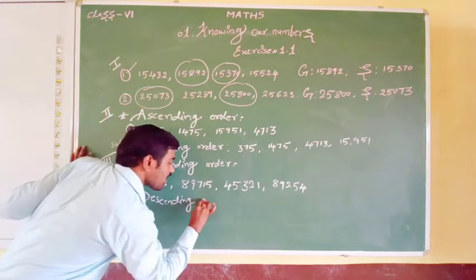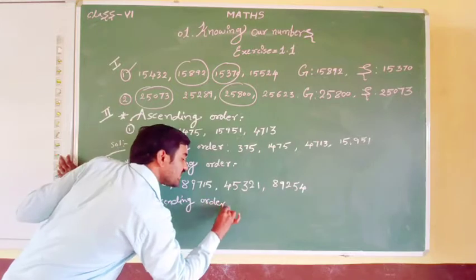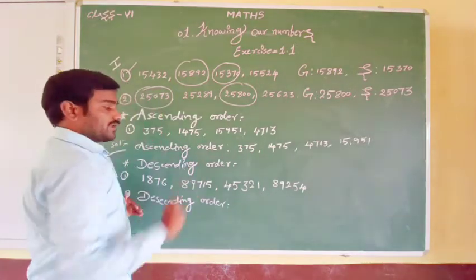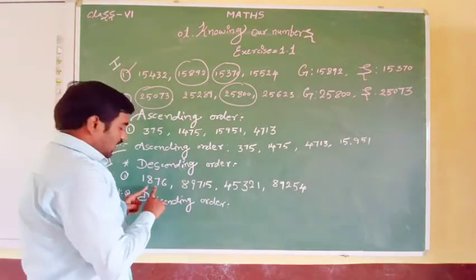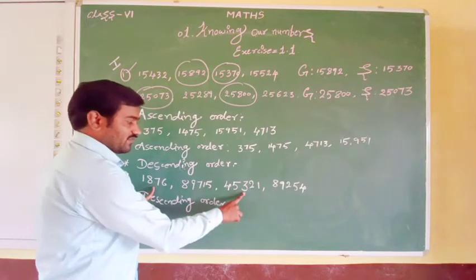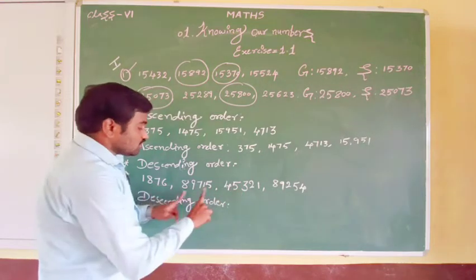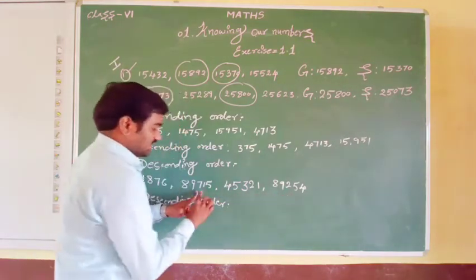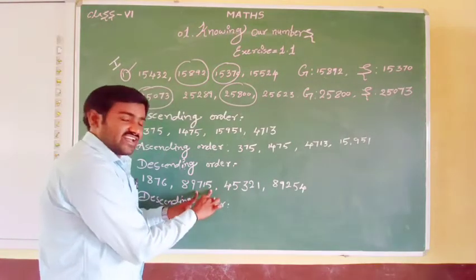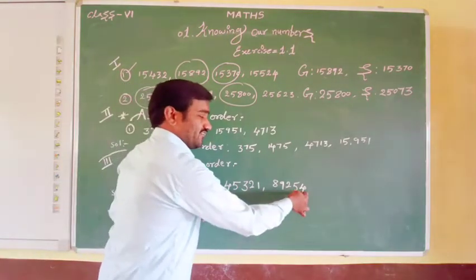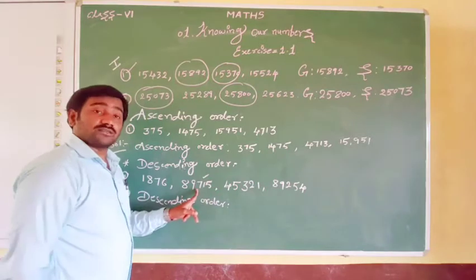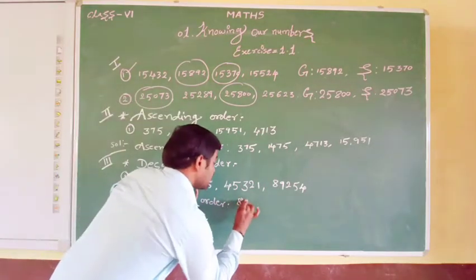Descending order means we have to choose the greatest number among these. The greatest numbers, however, are this one and this one. The first one and third one are not the greatest numbers. So from these two, we need to select the greatest one. 89,715 and 89,254. So the first place goes to 89,715, the greatest number.